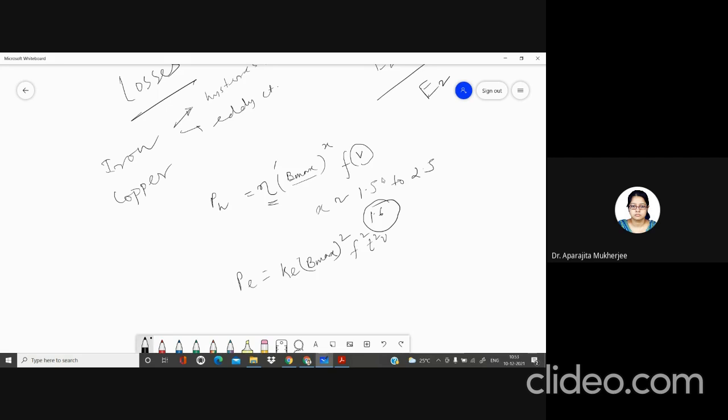The flux in the circuit is variable, and currents will be induced by the induction effect, and all these currents are the eddy currents. So this is all about the iron losses.